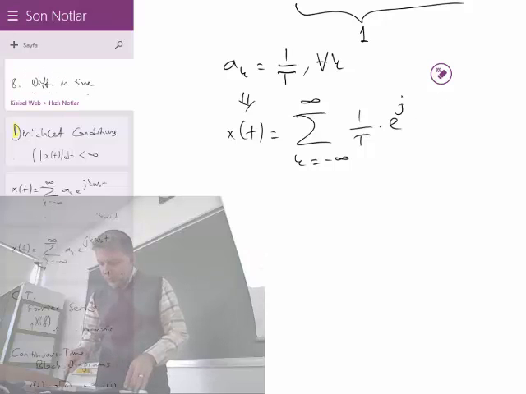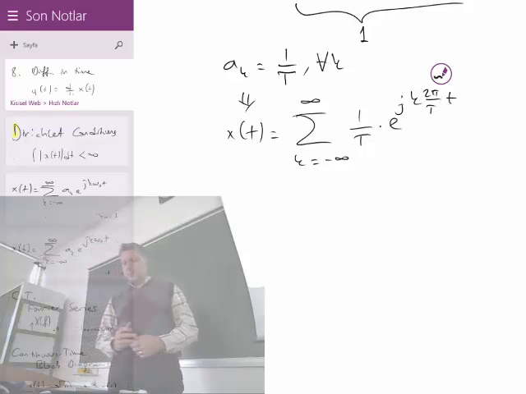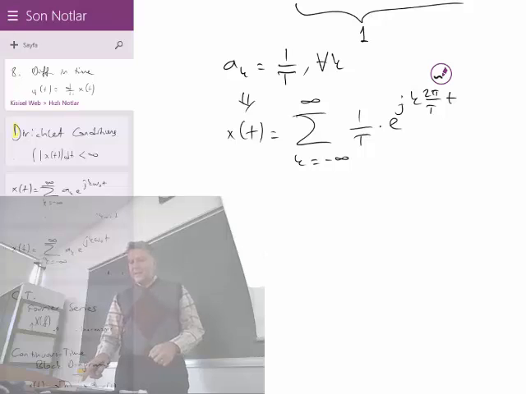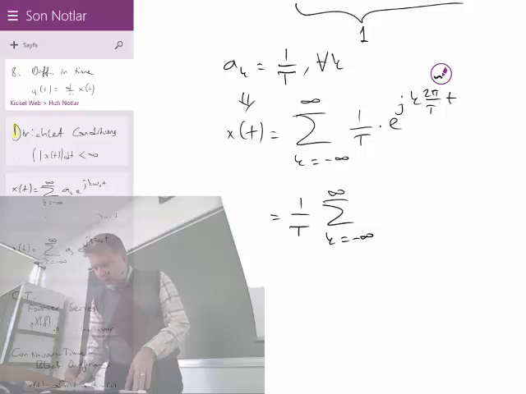So maybe I should write it like that: e to the jk 2 pi over capital T t. And the formula claims that it's equal to 1 over T summation k from minus infinity to infinity e to the j k 2 pi over capital T t.